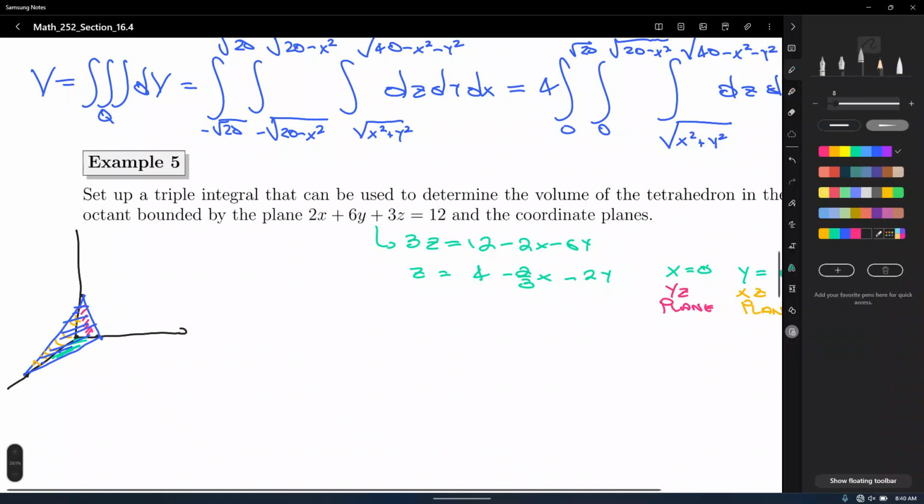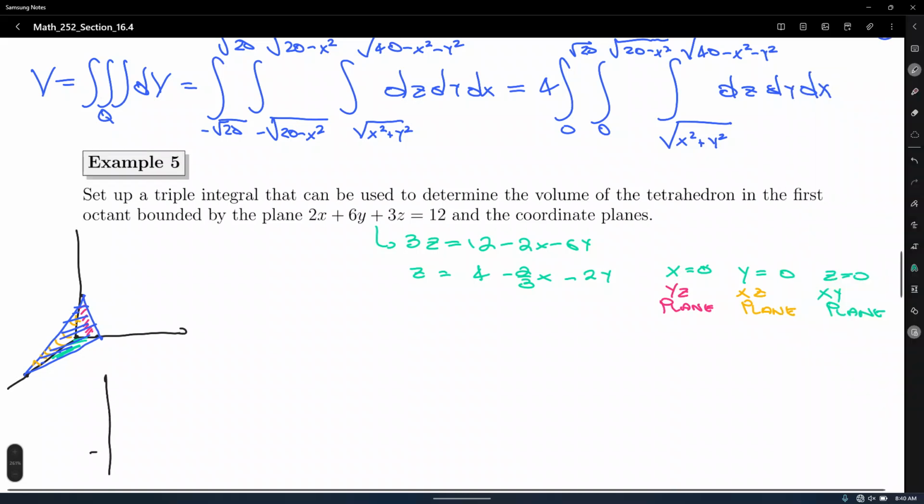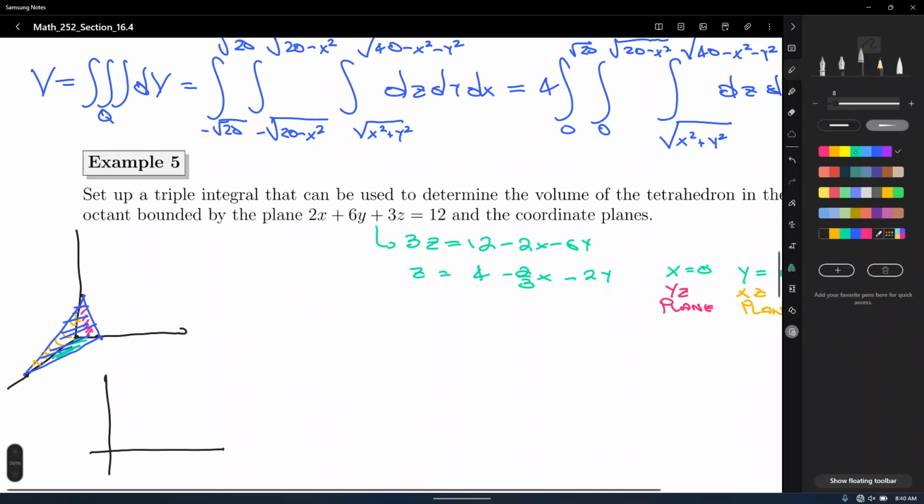Let me plot a 2D Cartesian plane, and I'm going to project this floor right here, where the y-intercept is 2 and the x-intercept is 6. So this diagonal line is the xy trace, where we get z equals 0. That is, the xy projection.